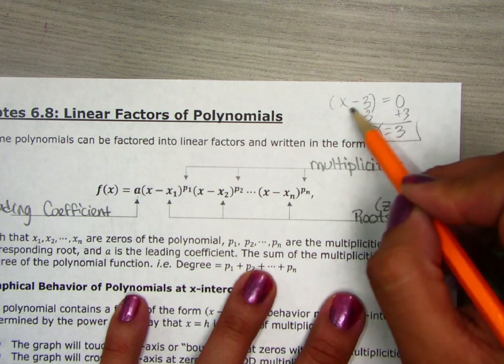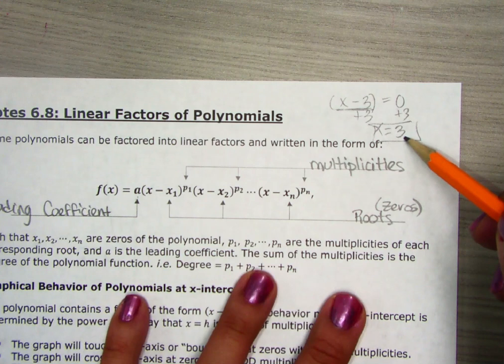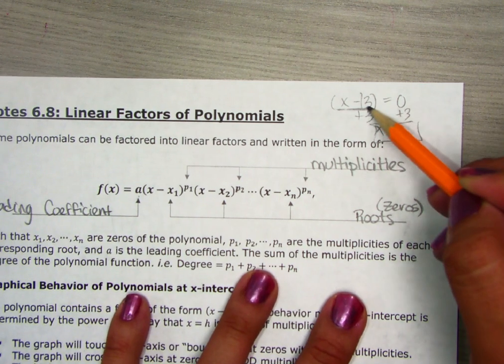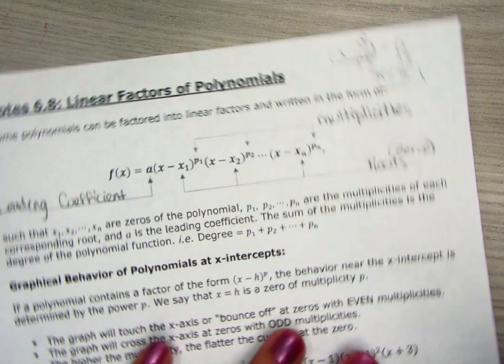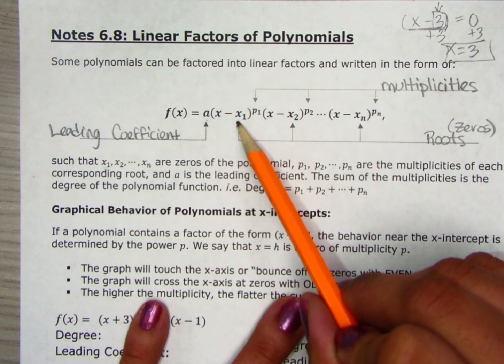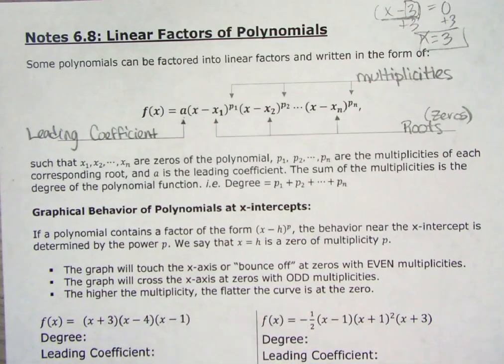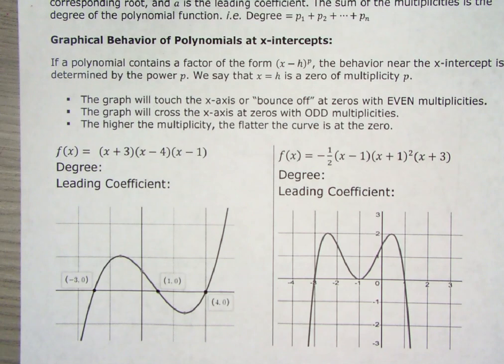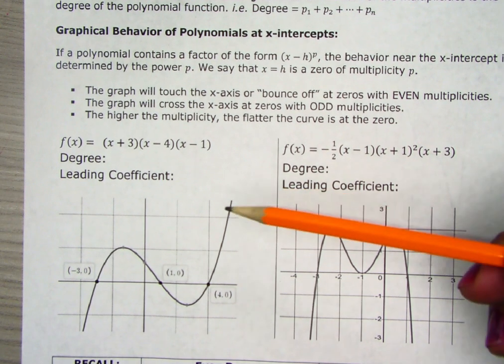So this binomial tells you that the graph is touching when x equals 3. It's technically this number right here after the minus sign. So all the factors follow that template of x minus a root, or zero, or x-intercept, however you want to see that. So these first two examples are just telling you how to sketch from what you see.